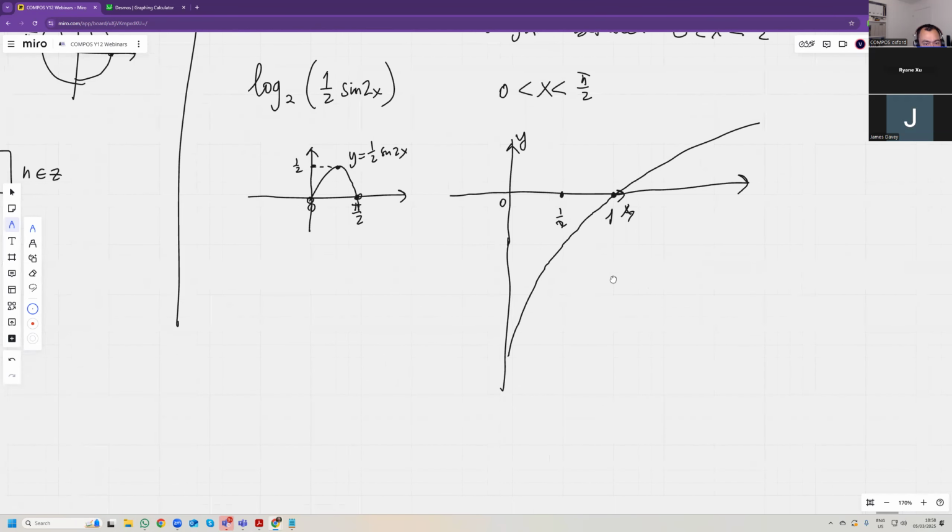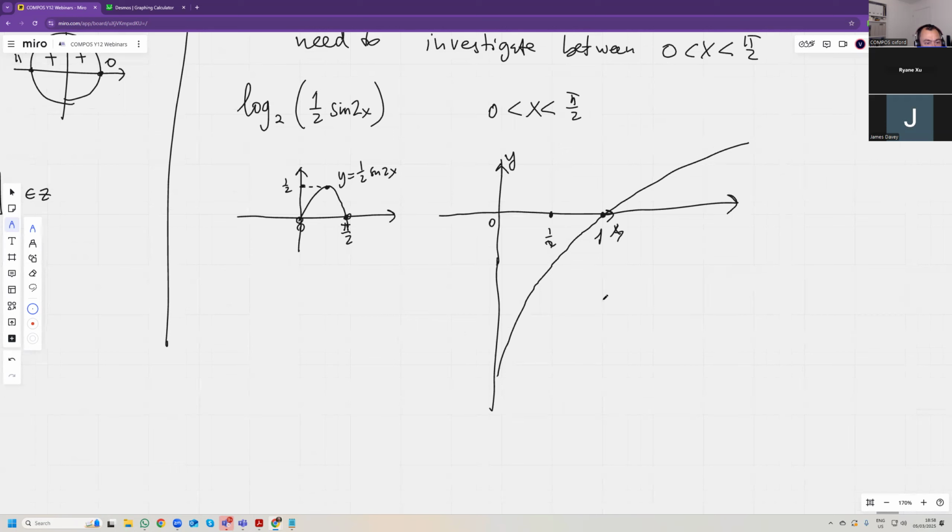So from 0 to 1/2, this is increasing. And then it is decreasing, well, it's decreasing in the same way. So it's going to be like this. Wow, this is fascinating.